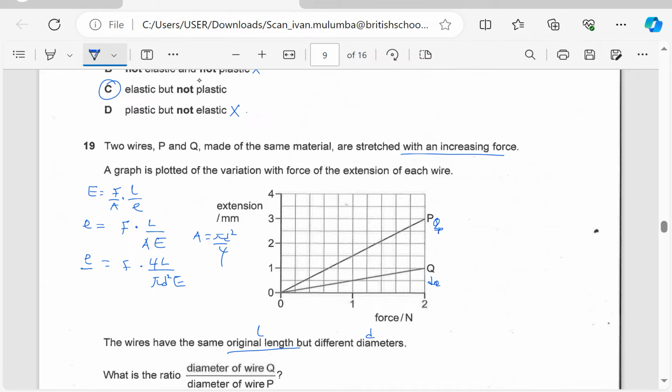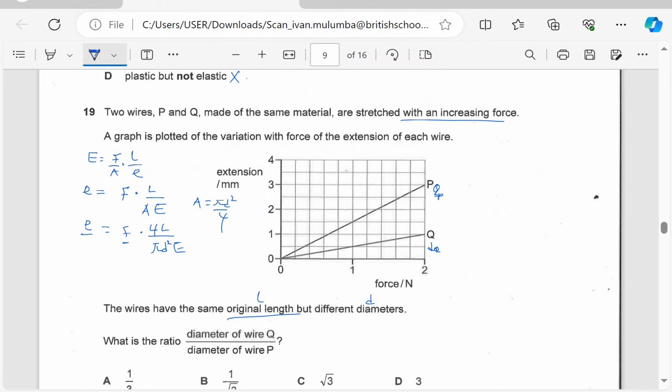So it is a graph of e against F, which means the gradient, if I compare this with y equals mx plus c, is this. So the gradient is equal to 4L over pi d squared times E. E is going to be constant because they are from the same material, so E is the same.